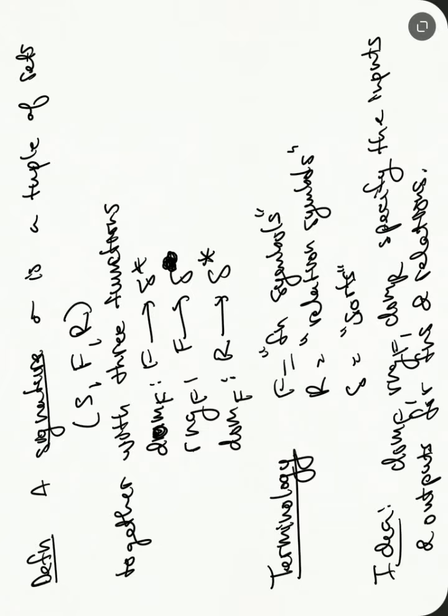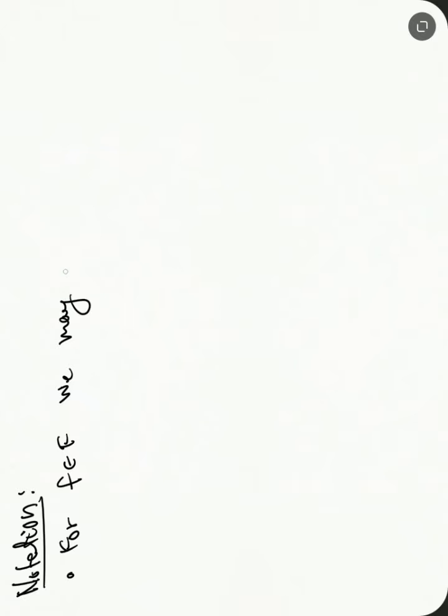Okay, so this is a way to cook up our formal symbols. I'm going to say a couple more things about notation. For f, an element of F, we may write this symbol here.